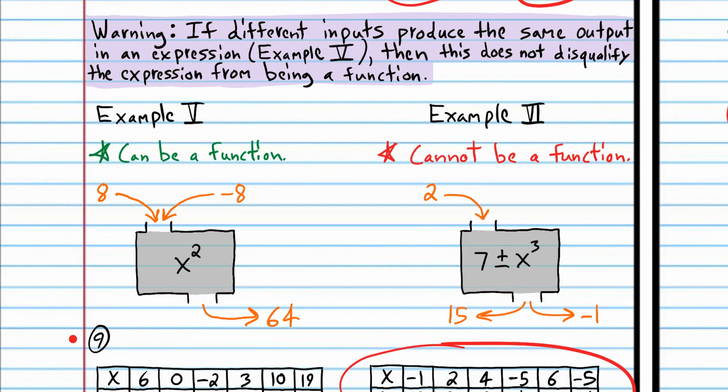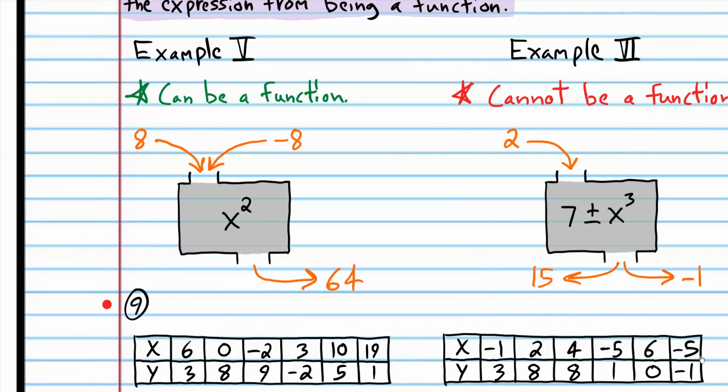Now, there is something that can occur that's kind of tricky. If different inputs produce the same output in an expression, then this does not disqualify the expression from being a function. For example, if we plug in 8 into the function, we get 64 in this case, but if we plug in -8, we also get 64.